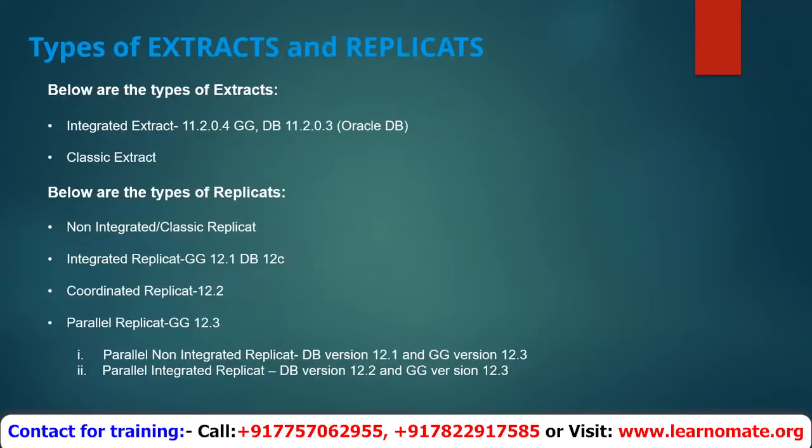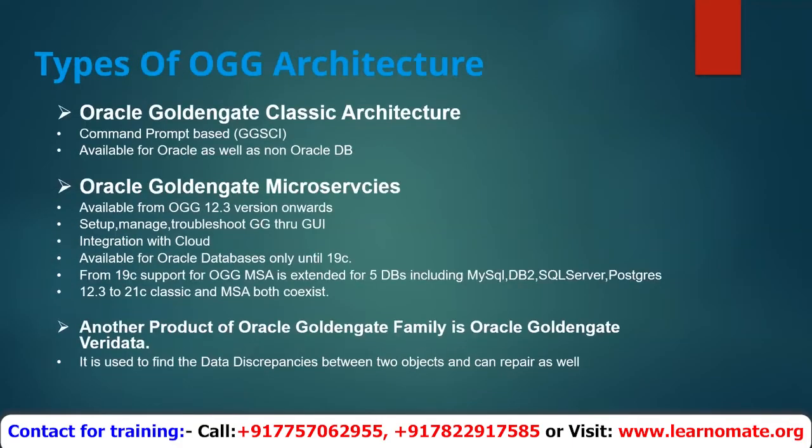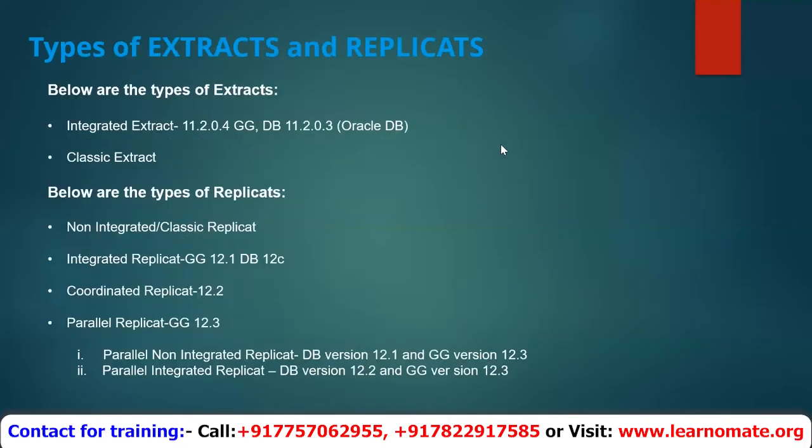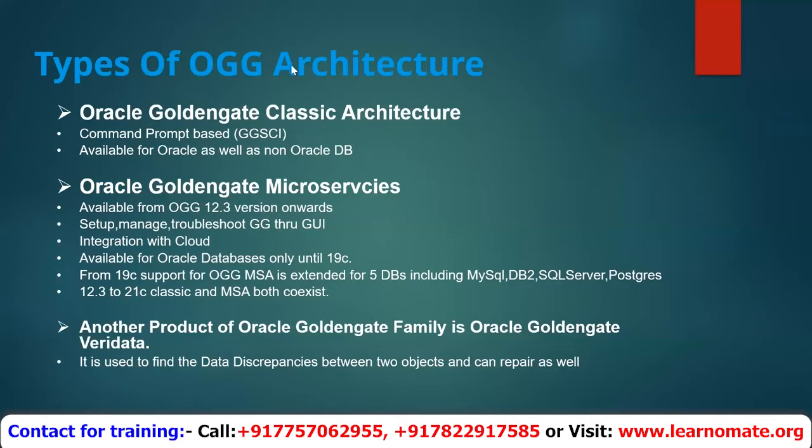Okay. So now there are different types of extracts and replicates, right? So integrated is a type of extract and replicate. Okay. So what people get confused is, so you have to understand one thing. Under classic architecture, you configure GoldenGate extract and replicate.